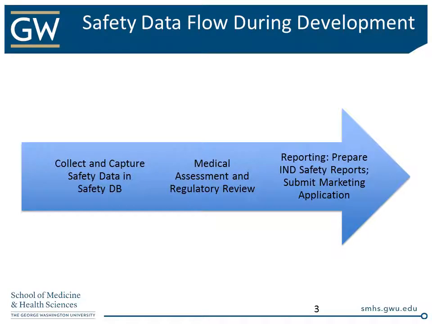As a brief recap, both non-clinical and clinical safety risks from studies conducted in an investigational product's development program, as well as from published reports on the investigational product published in the literature, contribute to updating the product safety profile.